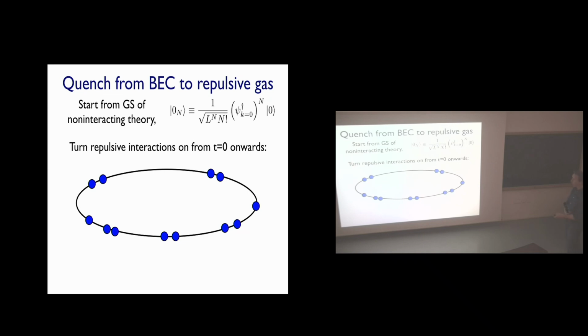So when I turn on the delta function repulsion, those parts of the wave function obtain suddenly a stupidly high interaction energy. And in the course of unitary time evolution, the system will trade this interaction energy into kinetic energy, right? So I just have two particles, no interactions, and suddenly, bang, I turn on the repulsion. The particles will push against each other, and they'll trade the interaction energy into kinetic energy.